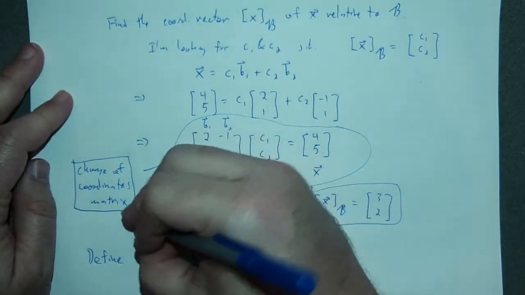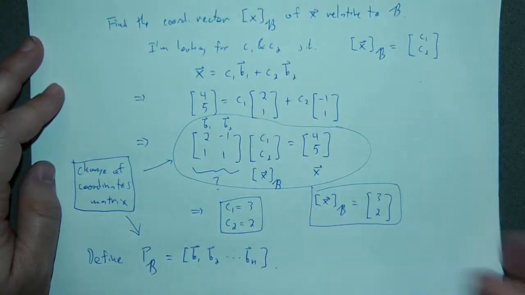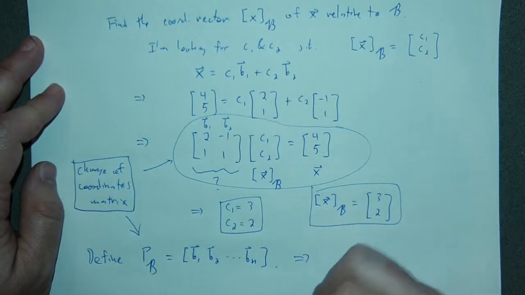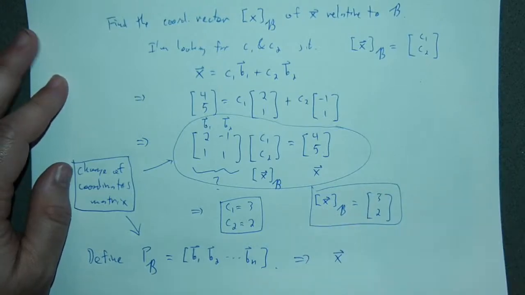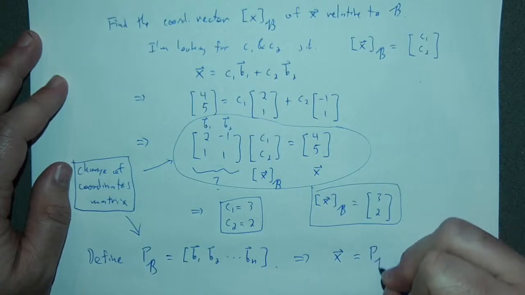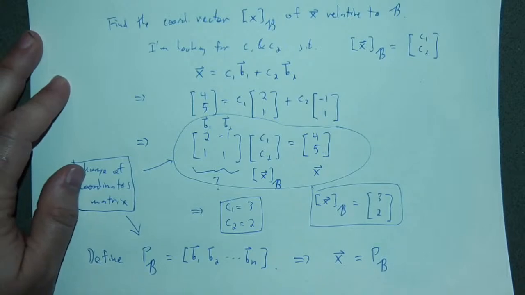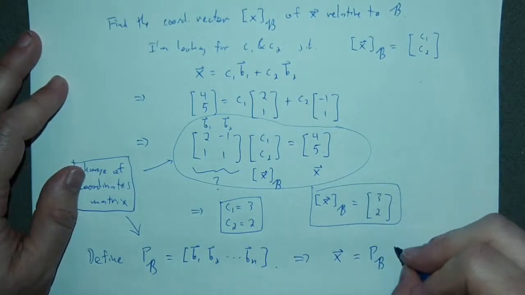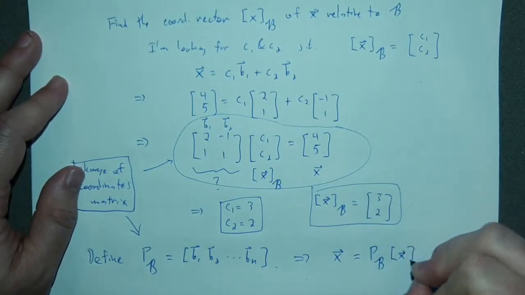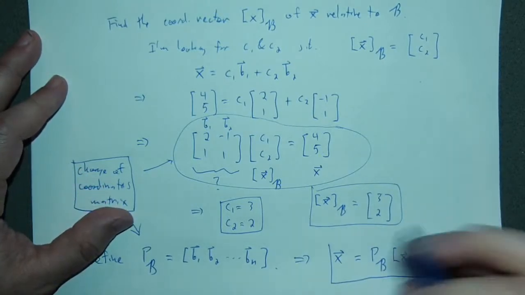This is my change of coordinates matrix. Okay. Then what this means is that x, the vector, is the change of coordinates matrix from B to the standard basis times x relative to B. This is the important thing.